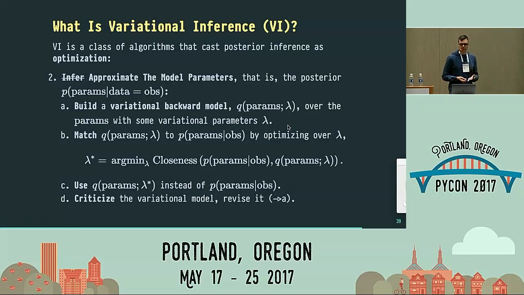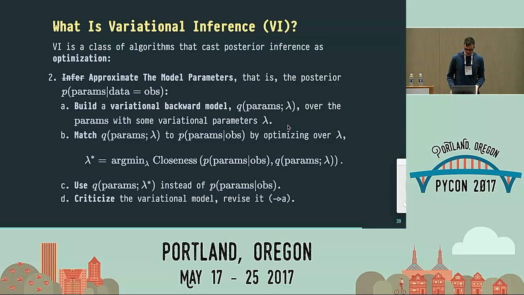The hope is that if you make this family sufficiently expressive, such that if the parameters are chosen right, it could mimic or even fit the real posterior that you want to know, then you're on the right track. Then you can optimize those parameters such that the difference between the real posterior, the P of params given the data observations, and Q, this variational model that you build, is very close to zero.